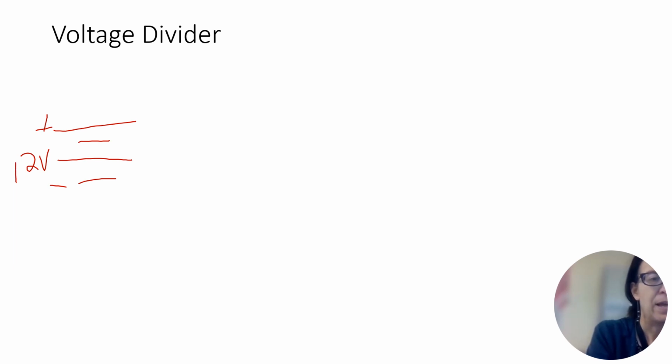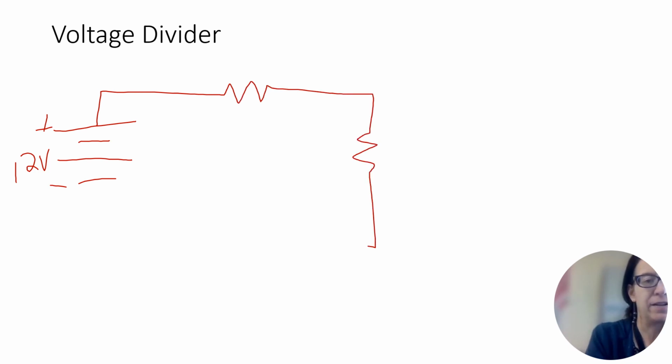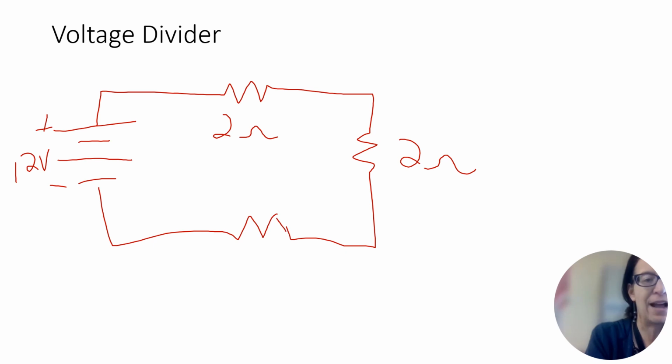And we'll keep it really simple. We'll say we have a 2 ohm resistor, another 2 ohm resistor, and then a 6 ohm resistor.